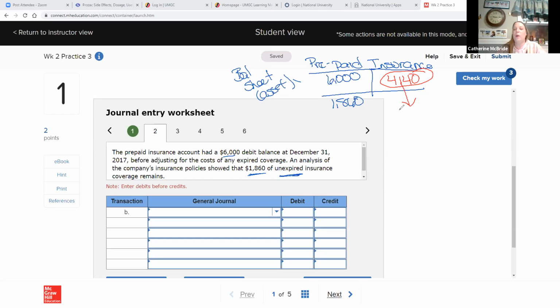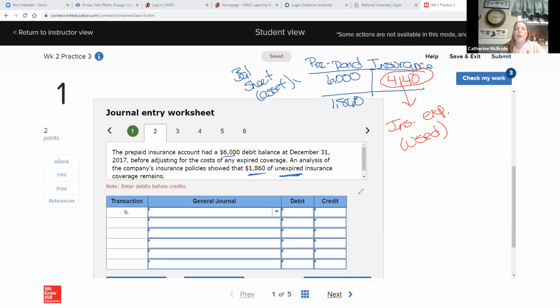What does this 4,140 represent? It's insurance expense. Yes, this is our insurance expense. This is the amount that we have used. So we prepaid it, and now we're going to record the expense for the part that we've used. You'll see how it's an expense account and a balance sheet account.